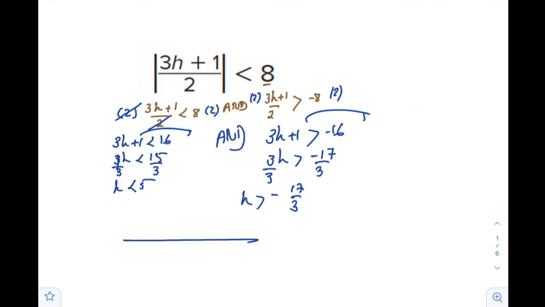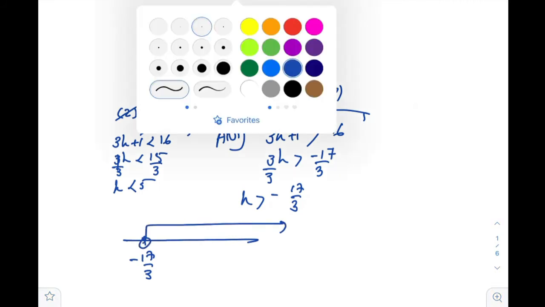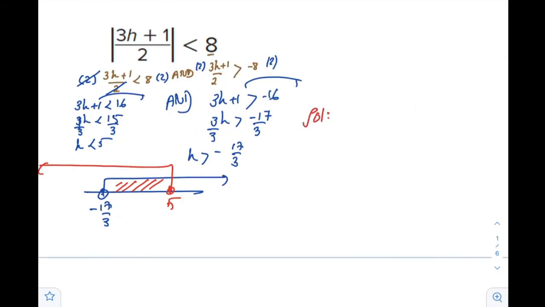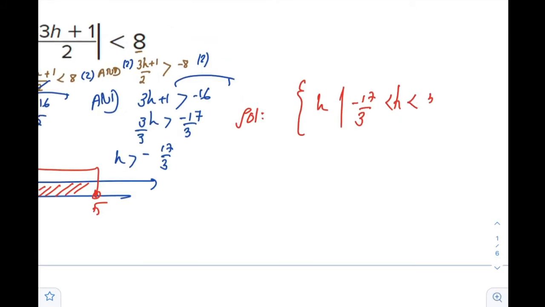So it will be somewhere here, more than, and the other one is 5 and less. 5 is an open circle, and so this is the solution. So the solution is h such that h is more than negative 17 over 3 and less than 5.